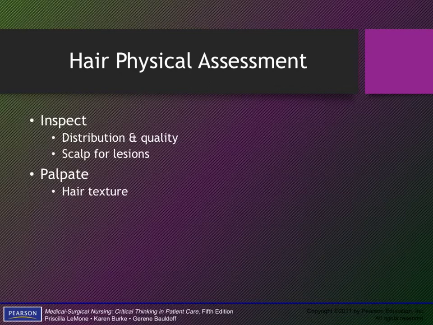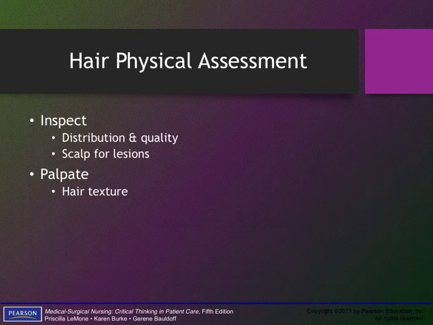Alright, in this slide we're going to talk about hair assessment. You're going to inspect the hair. You want to look at the quality of the hair. Is it coarse? Is it fine? Is it brittle? Are there places of hair loss in the scalp or on the skin? There may be some alopecia, or they may have excessive hair. We talked about hirsutism.